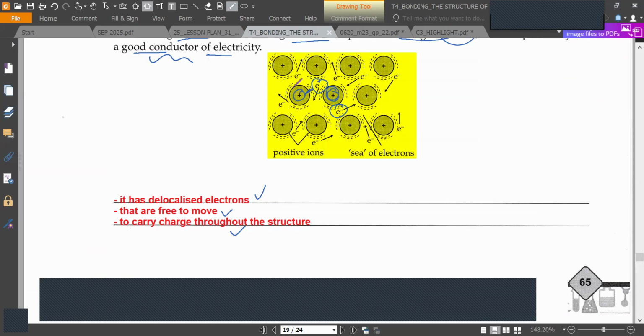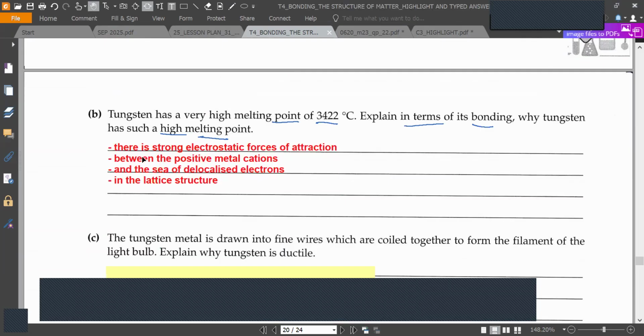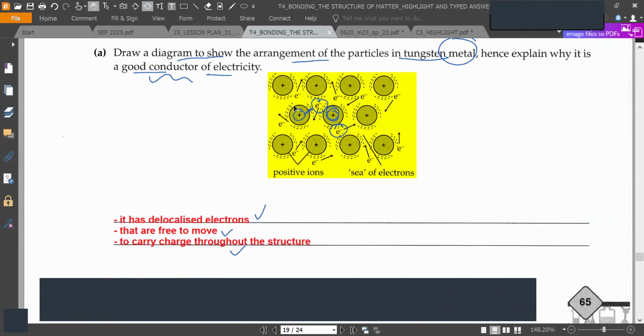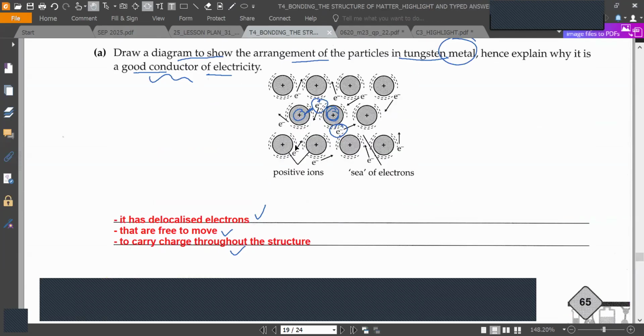That's why metals normally have high melting points. There are strong electrostatic forces of attraction between the positive metal cations and the delocalized electrons. Let me copy.